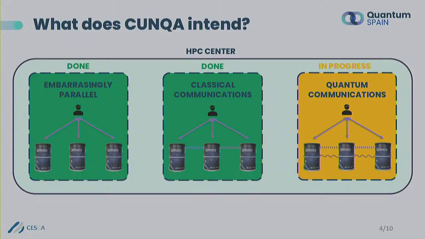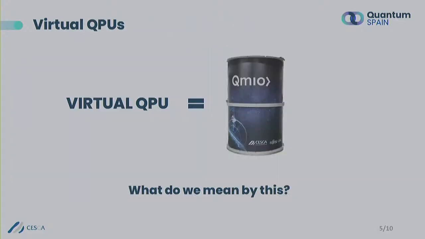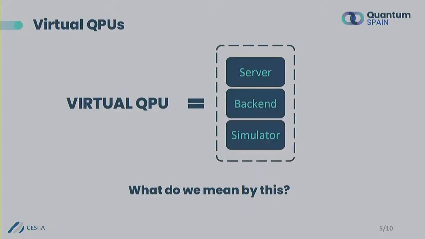So let's explain what a virtual QPU is. Virtual QPUs are allocated in classical resources, and they have 3 main building blocks. A server, which is the one entitled to communicate with the exterior, so it receives the circuits or quantum tasks and then sends out the results.